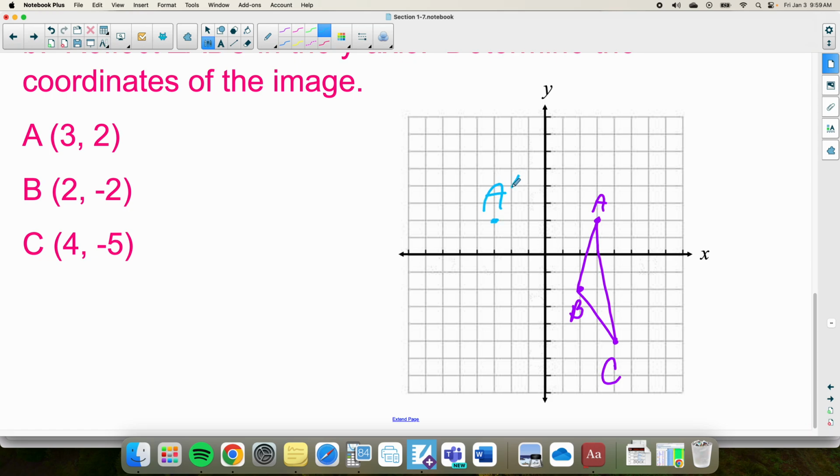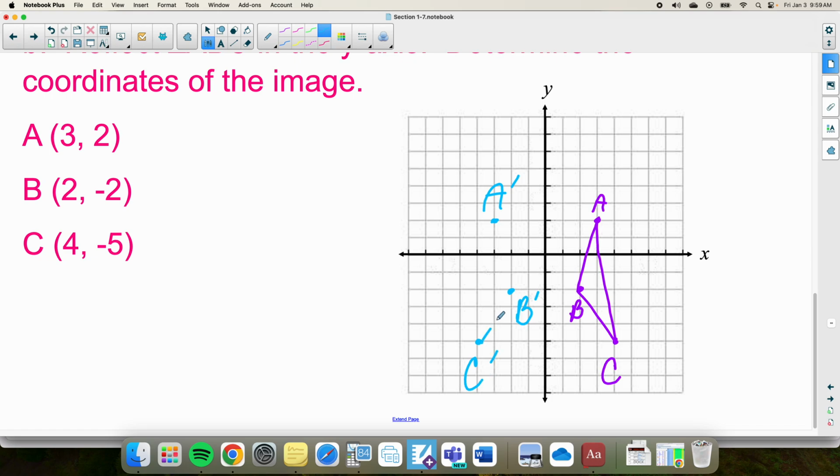So A is 3 spaces from my y-axis, so then I'd go 3 in the opposite direction and put A prime. B is 2 spaces away, so I'd go 2 more spaces, and that's my B prime. C is 1, 2, 3, 4 away, so I'd go 1, 2, 3, 4, and that is my C prime.